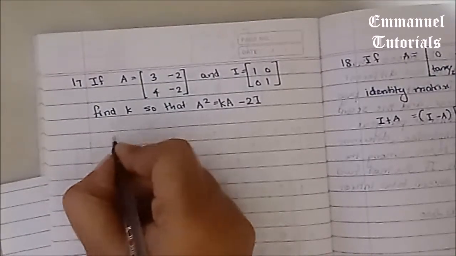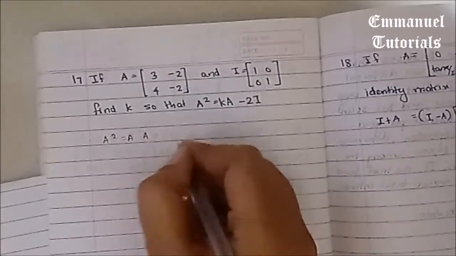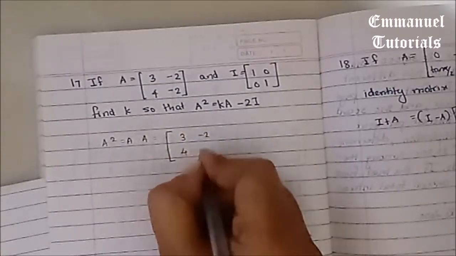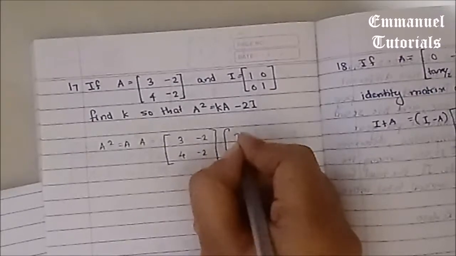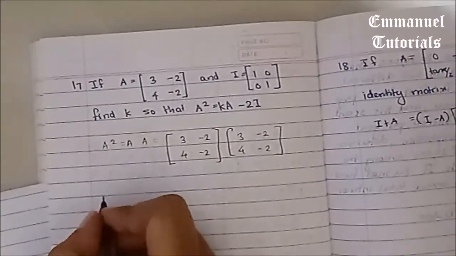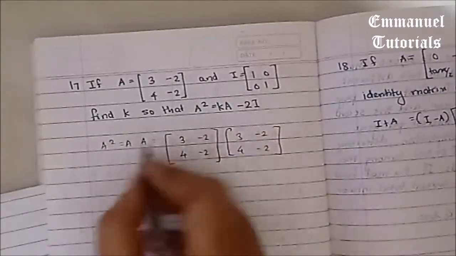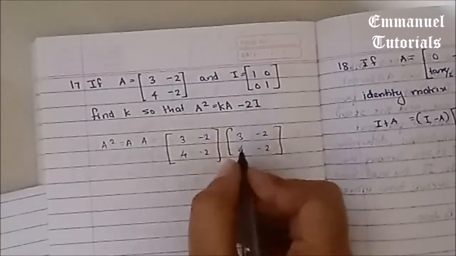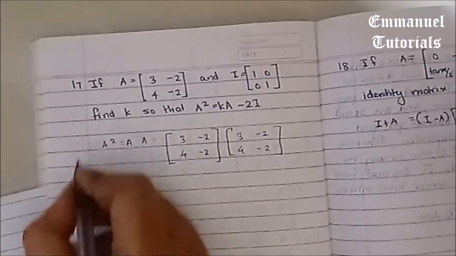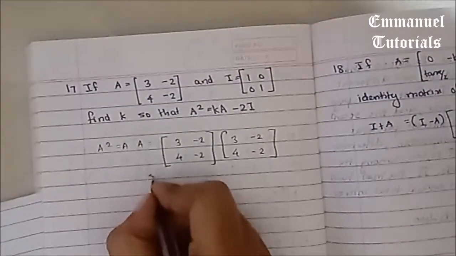So A square will be A into A, which is equal to [3, -2; 4, -2] into [3, -2; 4, -2]. kA will be k into A and 2I will be 2 into the identity matrix, which is already given. So we'll also substitute that. Now we'll find out A square.